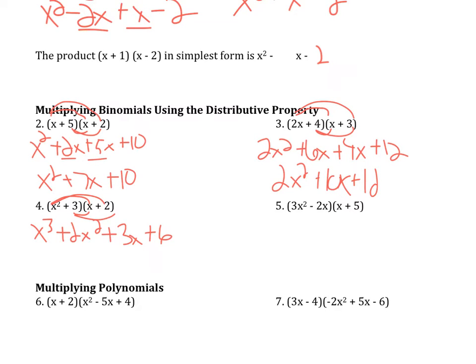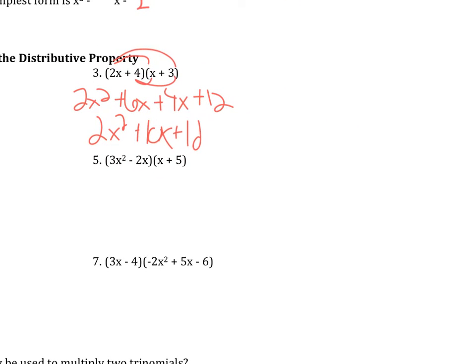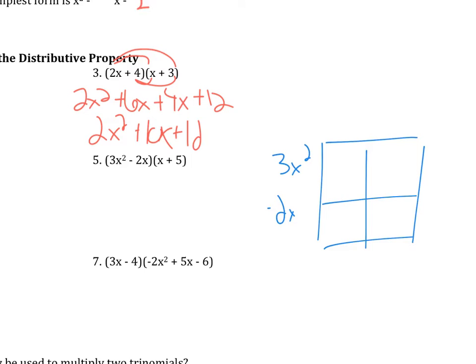Now on this number 5 here, I'm going to show you another method, the area model. It comes from the idea of tiles as well. So what we have is our 3x squared minus 2x, and then our x plus 5. Like your multiplication charts from elementary school where they match up, you multiply those together. So we get 3x squared and x multiplied together to give us 3x cubed. 3x squared and 5 give us 15x squared.